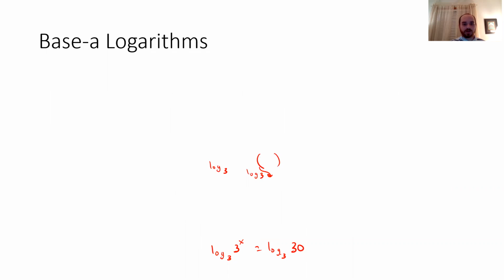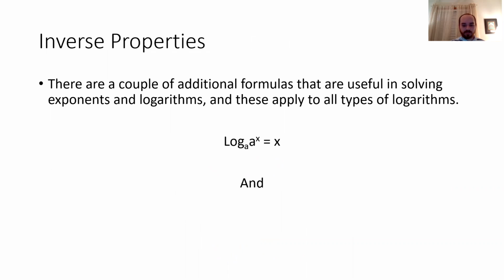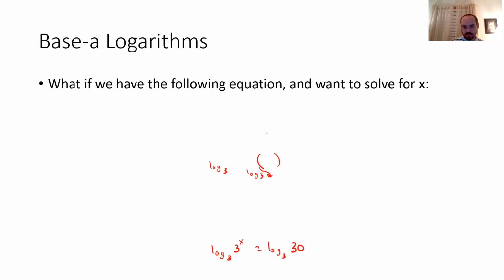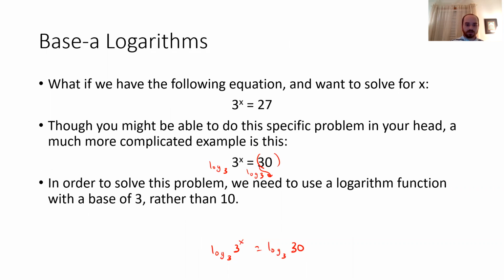And if we go back to our formulas way back here, we see that the log base a of a to the x is equal to x. So in this case, we have a log base 3 of 3 to the x. These numbers are the same, which means this is equal to x. Basically, all of this stuff cancels out, and you're left with just x. So we have log base 3 of 30 equals x.